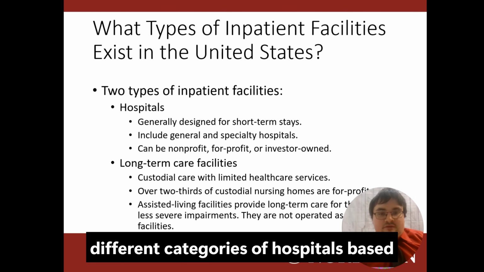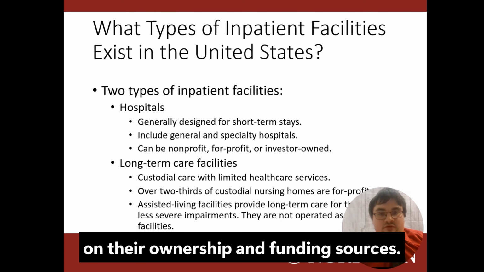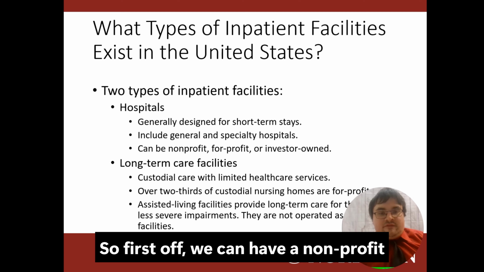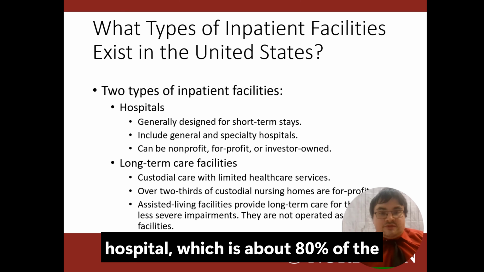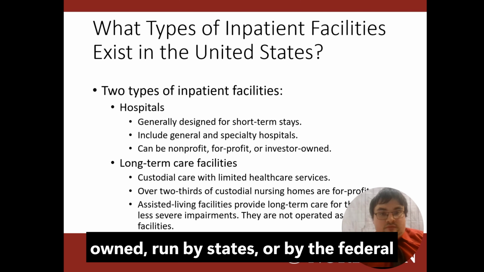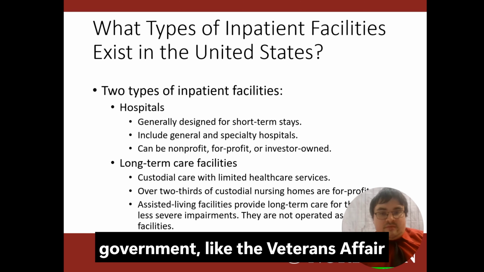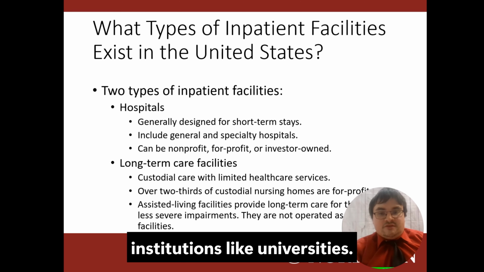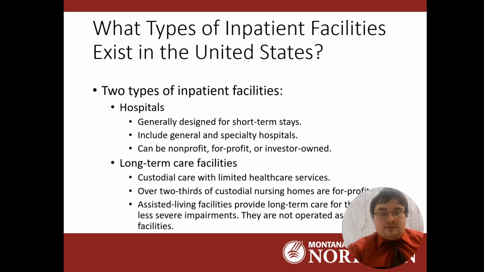Now, there can also be different categories of hospitals based on their ownership and funding sources. First off, we have the nonprofit hospital, which is about 80% of the hospitals in the US. They are privately owned, run by states, or by the federal government, like the Veterans Affairs hospitals. They can also be run by institutions like universities.